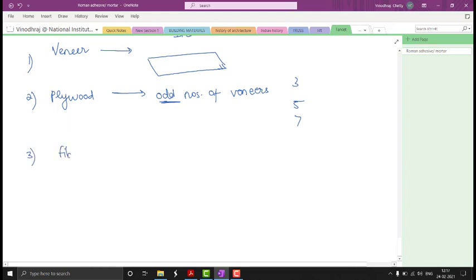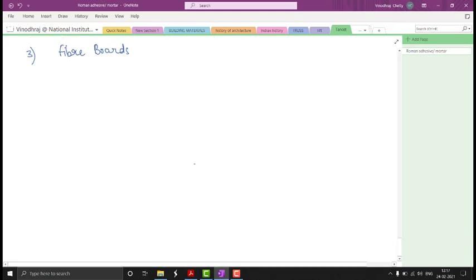The third one is fiber boards. Fiber boards are basically composed of wood fibers, which are glued together. The fourth one is impreg timbers. Impreg timber is covered with resin, so there is use of resin.